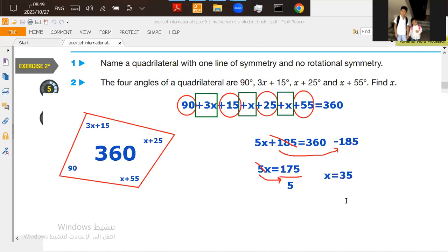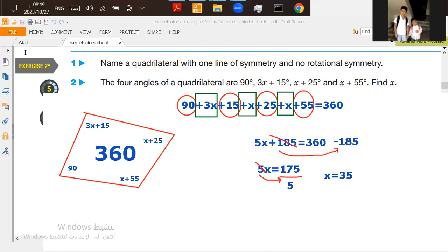So x equals 35, and this answers the question. Find x: x is 35. Okay, that's it for this question. I hope you understood the idea: add the angles, make the sum equal 360, then solve to get the value of x.